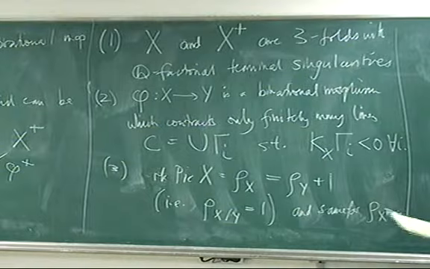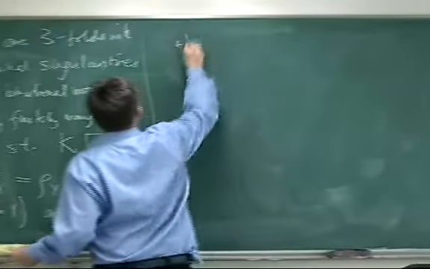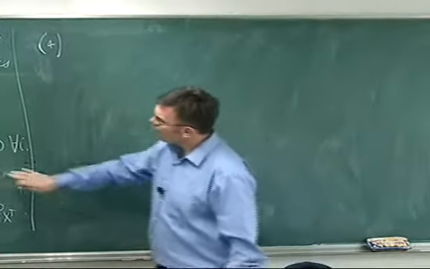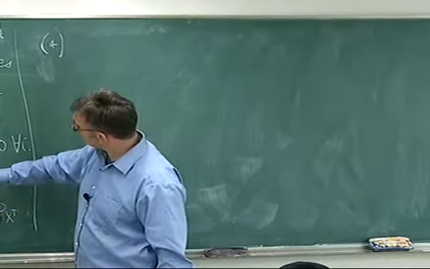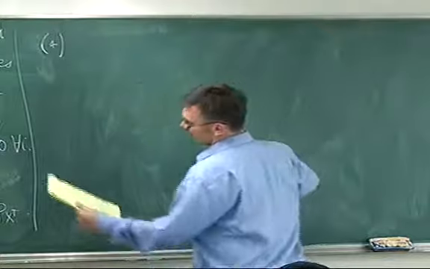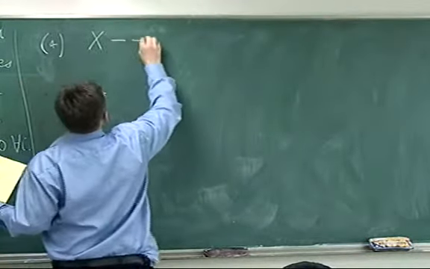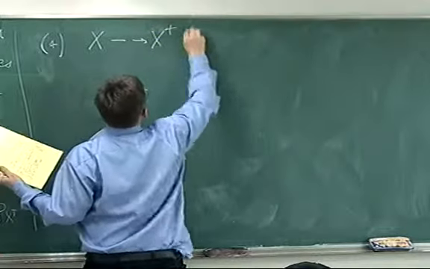That's 1, 2, 3, 4. Well, I said out loud that on the plus side, KX plus is positive against contracted curves, but I could say something slightly different instead. I could say that X to X plus is not an isomorphism.